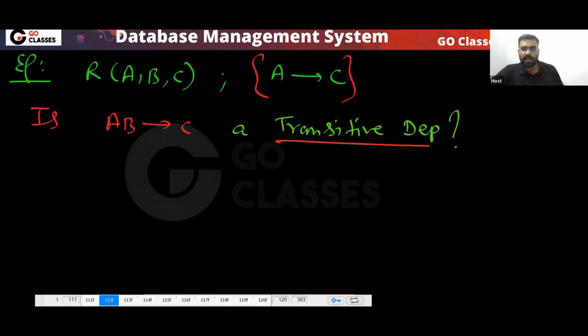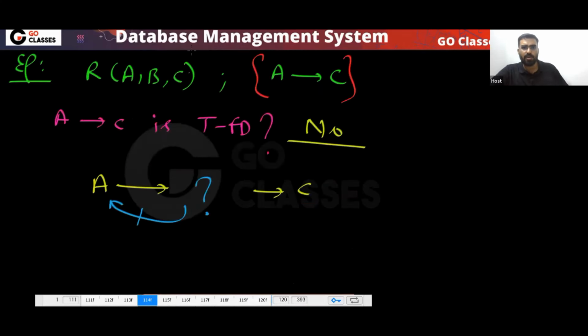Now you can notice, so basically you cannot take this. Can I take this? A determines C. The picture is perfect. Can I do this?